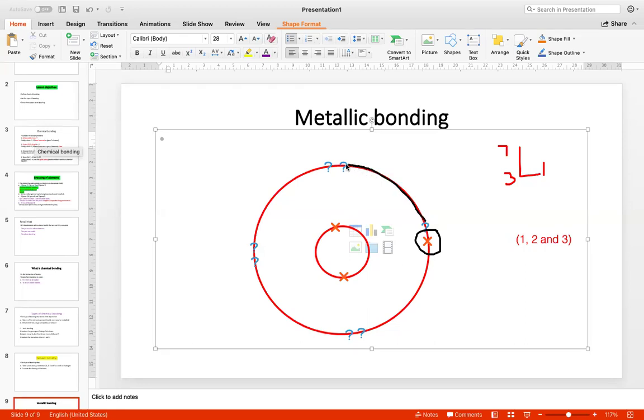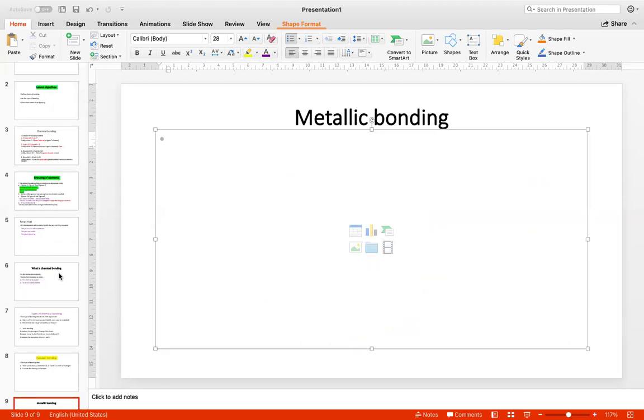And not only that, because these are metals, they also have positive charges in their metal lattice, and these positive charges are protons. So the metallic bonding is a type of bonding that exists between delocalized electrons as well as positive charges in their metal lattice.